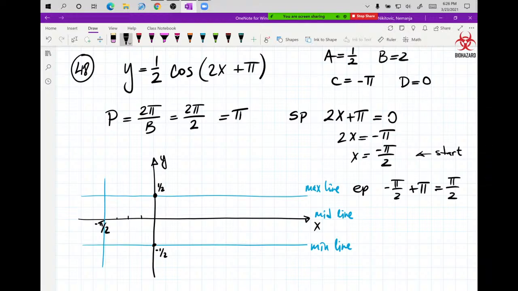And then if you went 4 to the left, then you have to go 4 to the right, because the end is also at pi over 2. And that's going to be the box. You see, your start point is the left line, your end point is the right line, and your amplitude away from the midline, up and down, is the up and down of the screen.